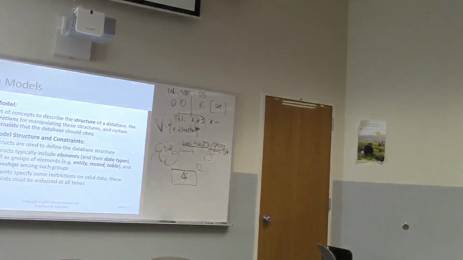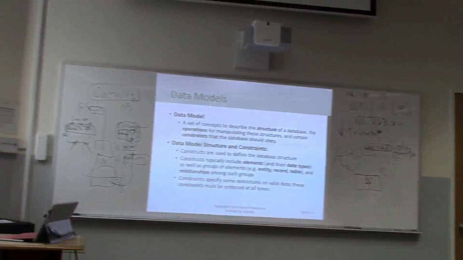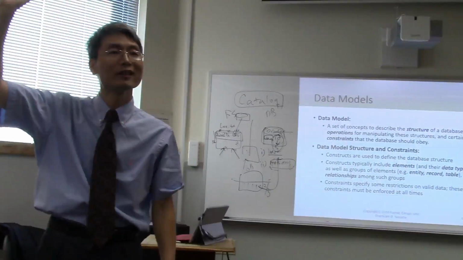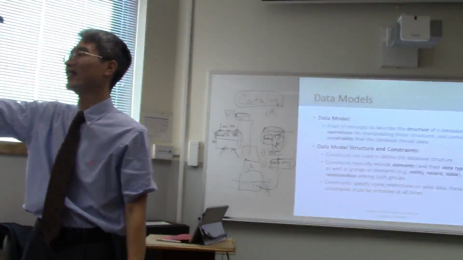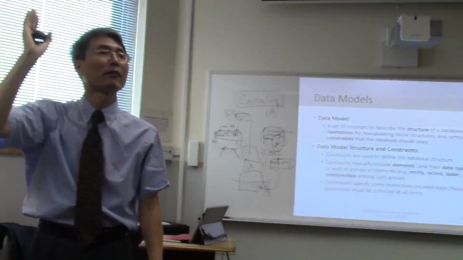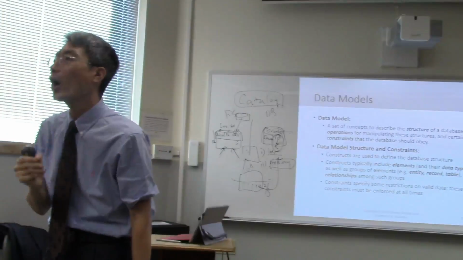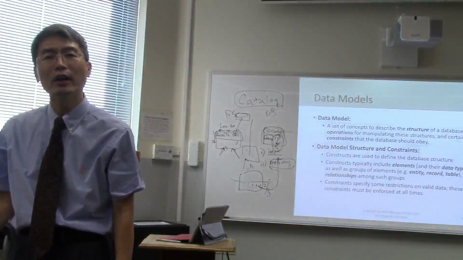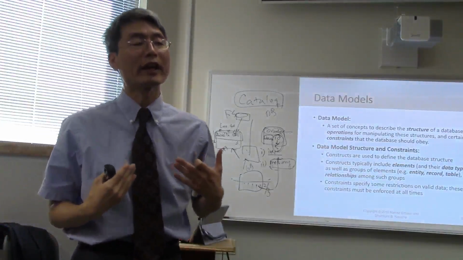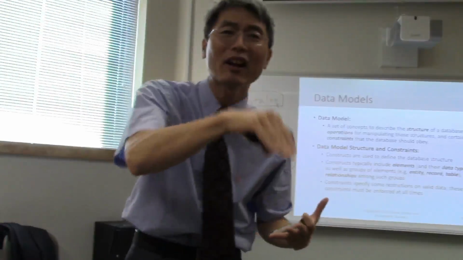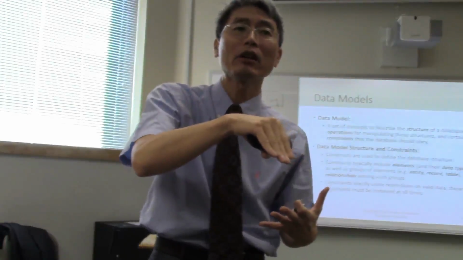For example, one of the very typical examples of such a constraint is, have you ever heard about the primary key? What is a primary key? It's a unique key, everybody knows. So a unique key is one of the examples of a constraint in a data model. Why? Because in our very large database, we'd like to find the data very quickly, right?